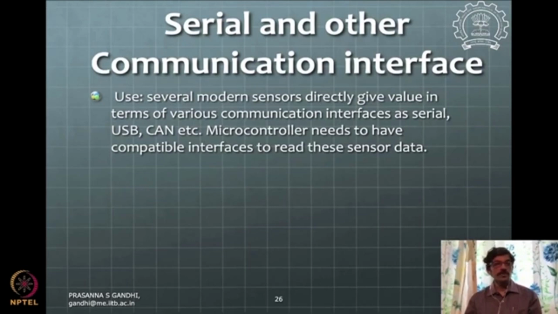You can have some kind of Wi-Fi interface, or wireless communication interfaces are also possible. Although TIVA does not have it, there are other microcontrollers where you can find the direct inbuilt interfaces, or with TIVA, if you want to use it, you can use Zigbee wireless devices to communicate.